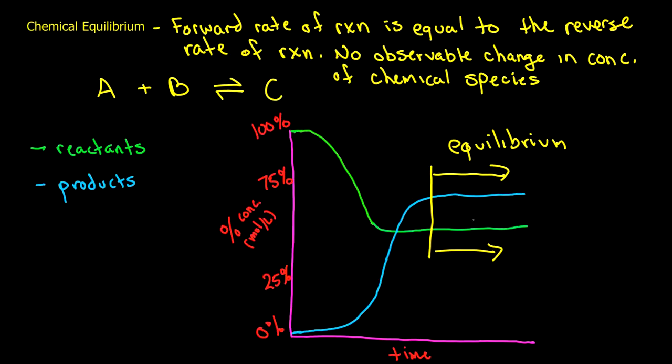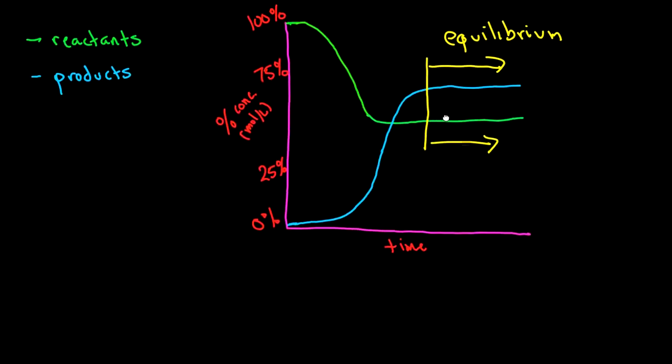Once equilibrium is reached and you have a set concentration between your reactants and your products, there is a relationship between that amount. And that relationship is called the K constant. You may see it abbreviated as Keq for the equilibrium constant.